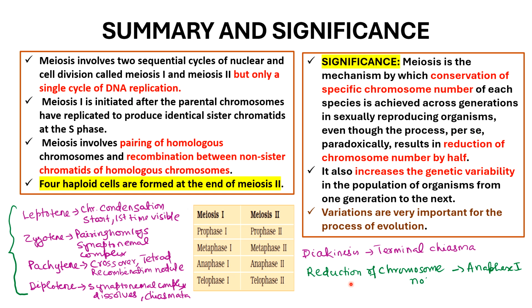Okay, if it is asked where reduction of chromosomes takes place, the answer would be anaphase 1, because after anaphase 1 we are getting two cells with only one of each pair of homologous chromosomes. So actual reduction of chromosomes takes place in anaphase 1. Coming to the significance of meiosis: because of meiosis, there is conservation of the specific chromosome number of a species, right?